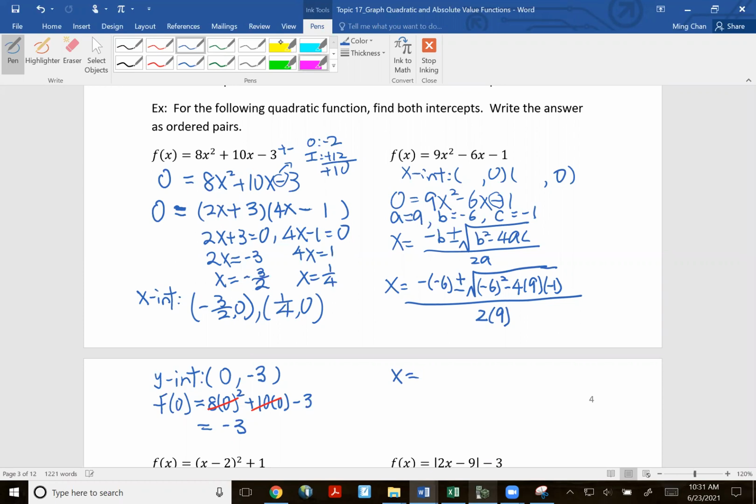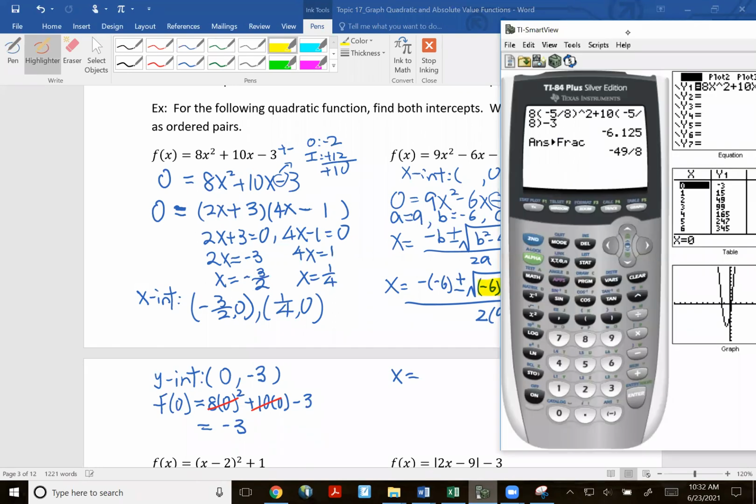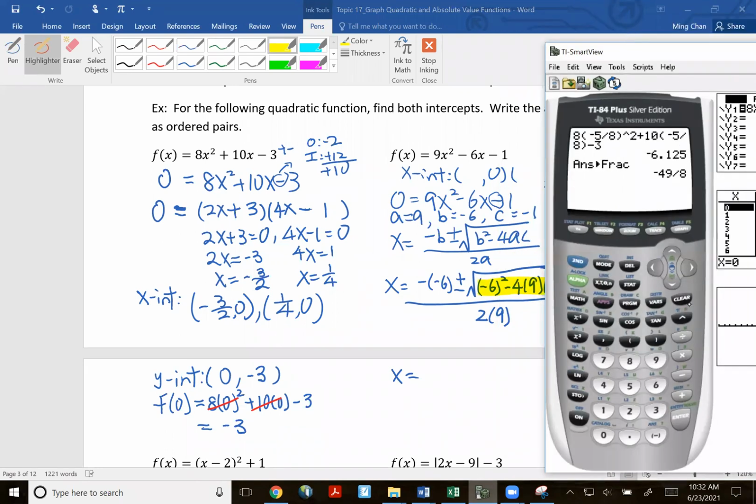And I showed y'all before, the trick to do this is first to enter what's inside the square root into the graphing calculator. Okay, put that in the calculator and see what that is. -6 squared minus 4 times my a times my c, -1, which is positive 72.